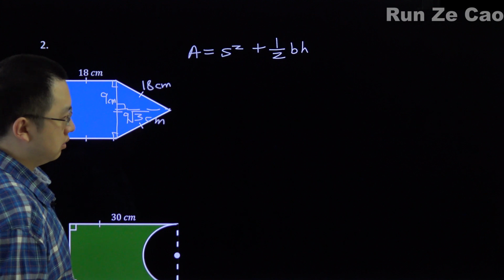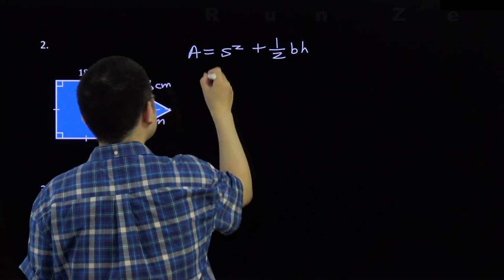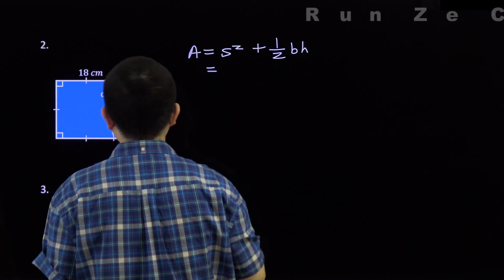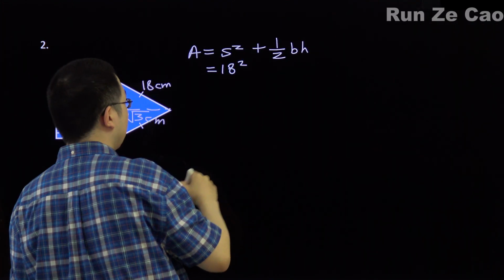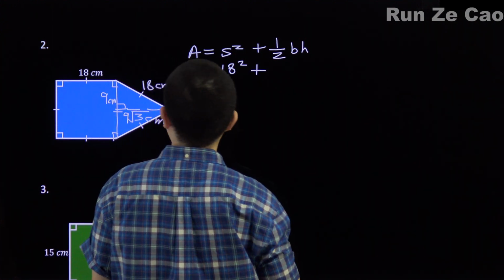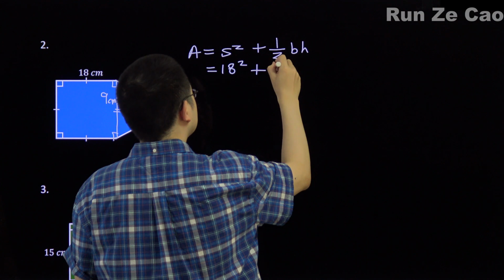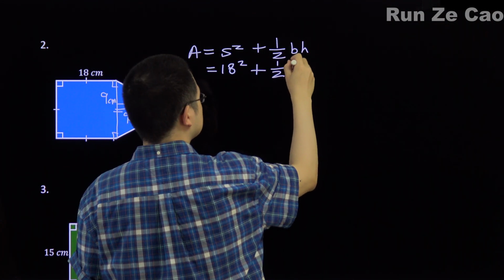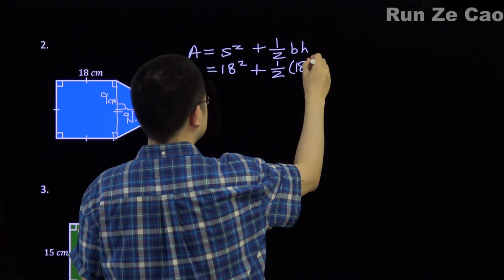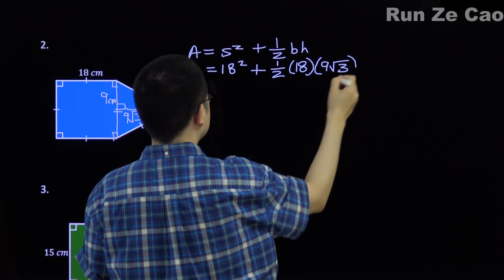Okay then. S squared is going to be 18 centimeters squared plus 1/2 base times height. 1/2 base is 18 times height is 9 square root 3.